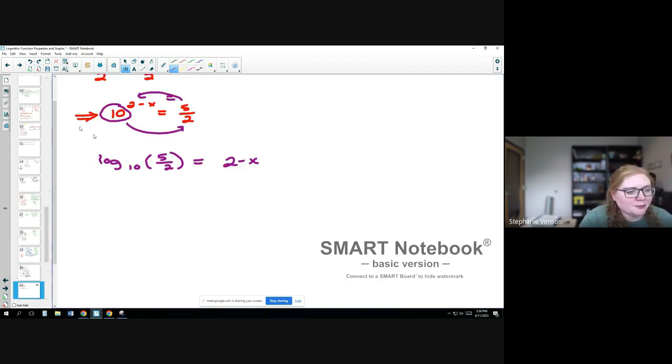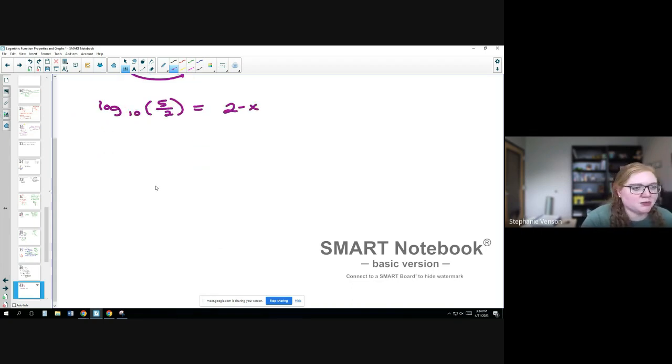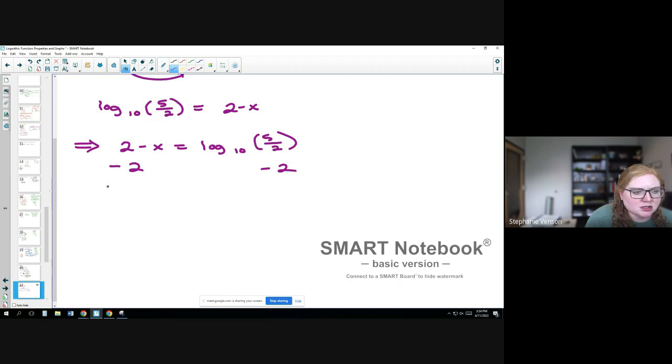Okay, so that's not pretty, but it's definitely something that I can solve. So I'm going to write it as 2 minus x is equal to log base 10 of 5 over 2. So first thing is I want to subtract this 2 from both sides because I'm trying to get the x by itself.